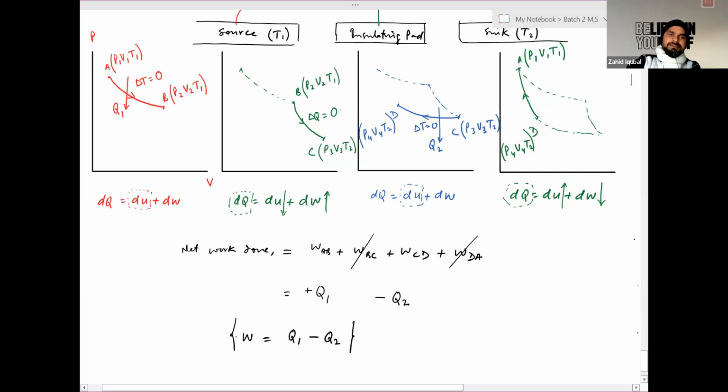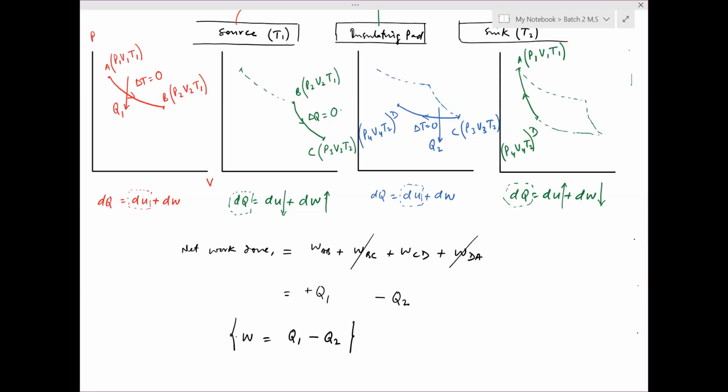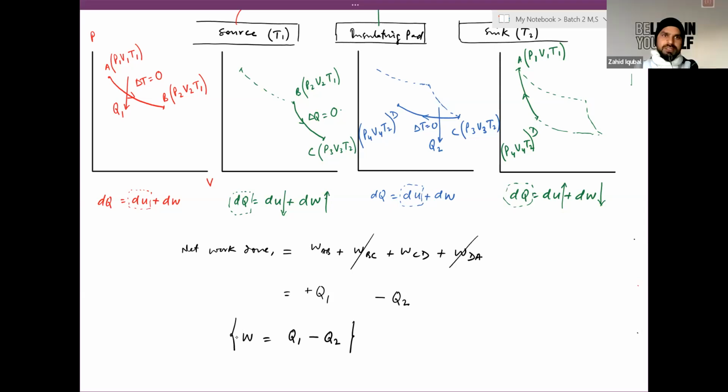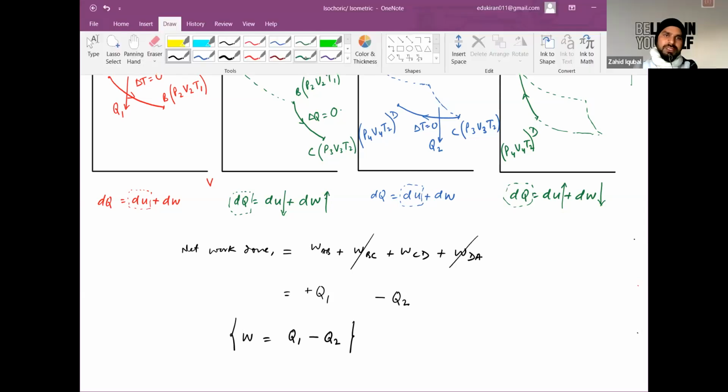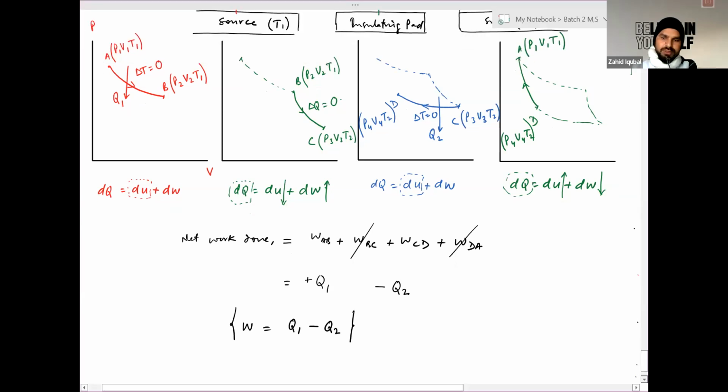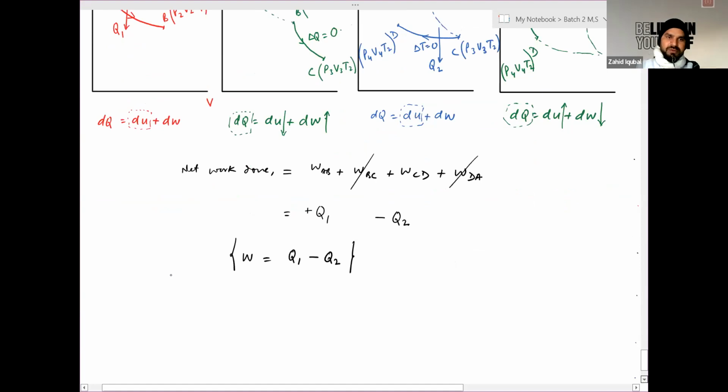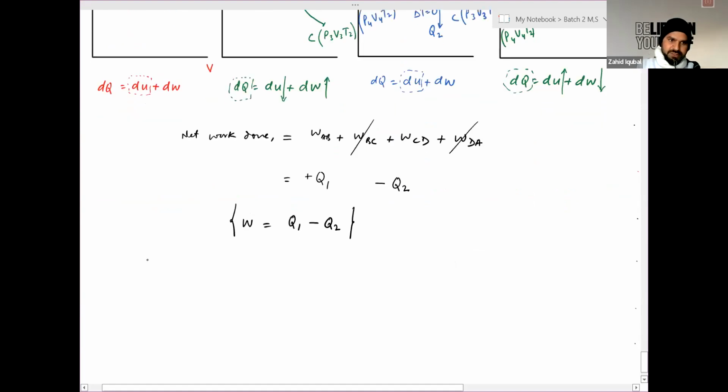Samira, is it clear? Yes, sir. Now, according to this, we have to calculate the efficiency of the heat engine. How do we calculate efficiency, or working performance? Efficiency is work done divided by heat absorbed by the system.